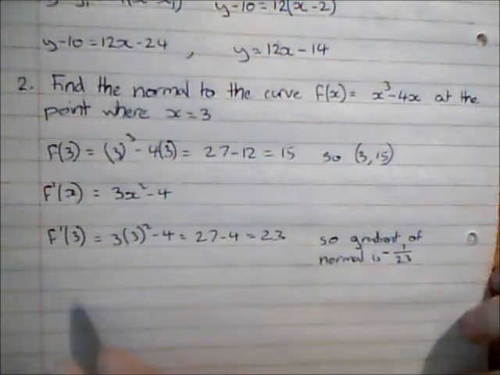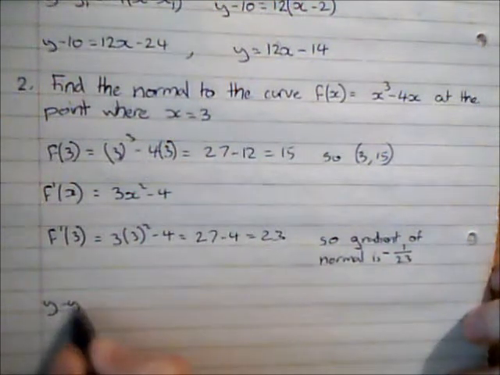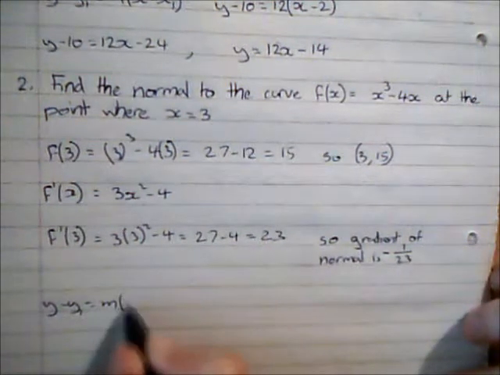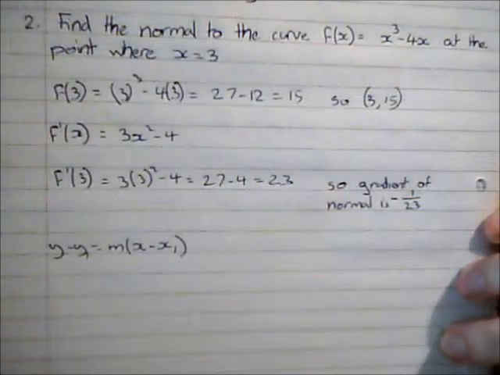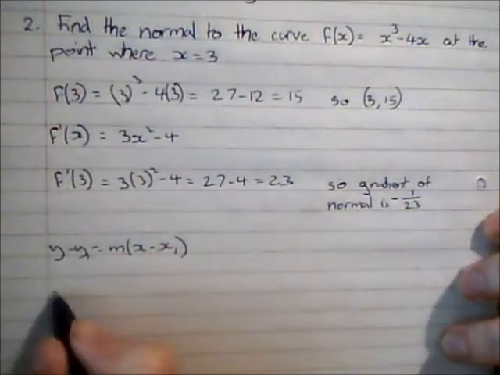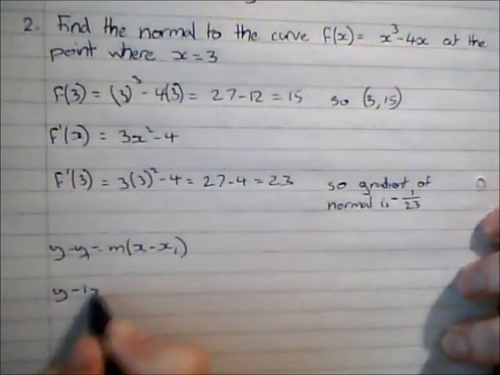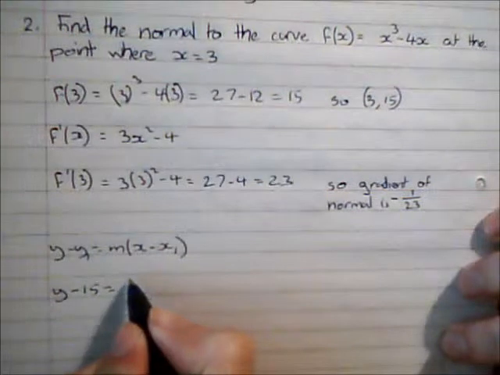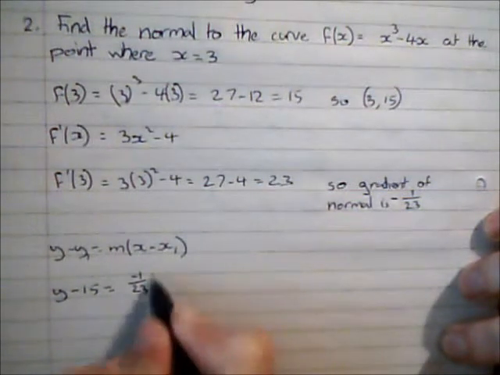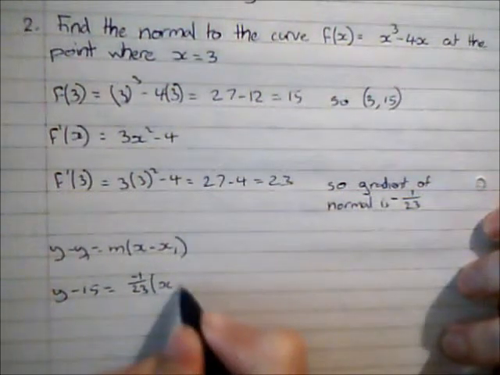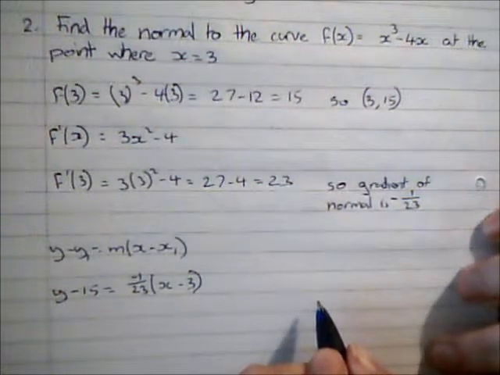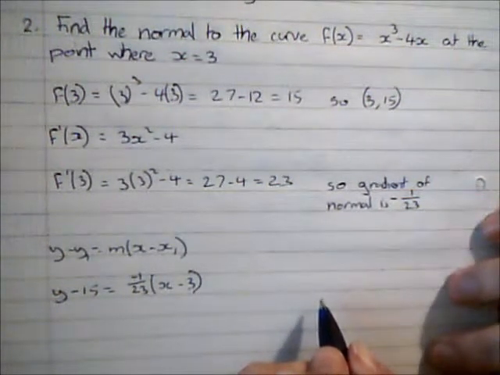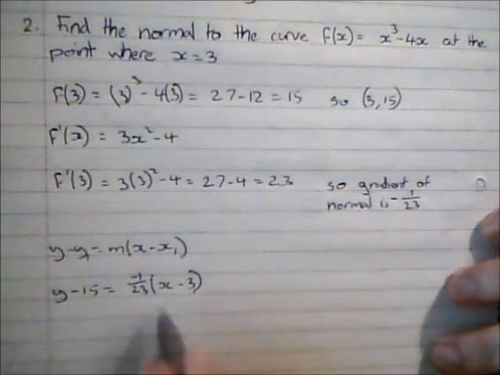And now I can use my equation, so y minus y1 equals m times x minus x1. So y minus 15 is -1/23 times x minus 3, and I'm just going to multiply through by 23 so I don't end up with all these fractions.